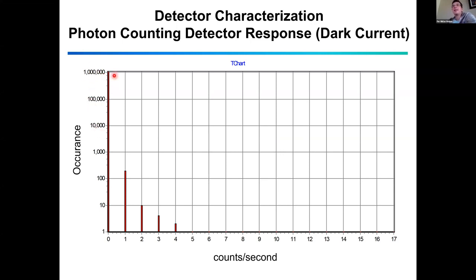So here you have 1 million occurrences of 0 counts, and then only 1 or 200 of 1 count, and even less for 2, 3, 4 or more counts. So if you have a true photon counting system, you are in luck because you don't have to worry about these correction factors, but it's always important to validate.